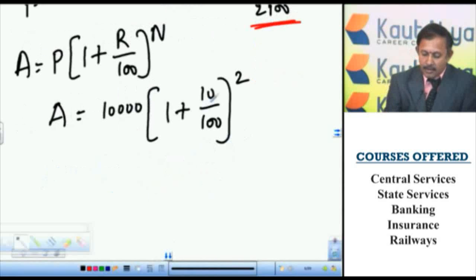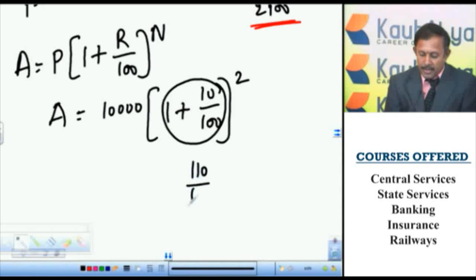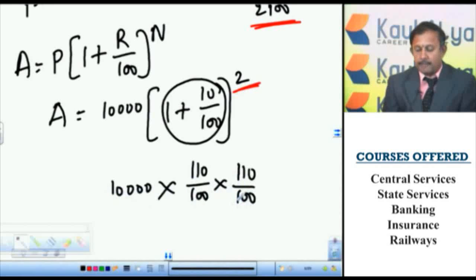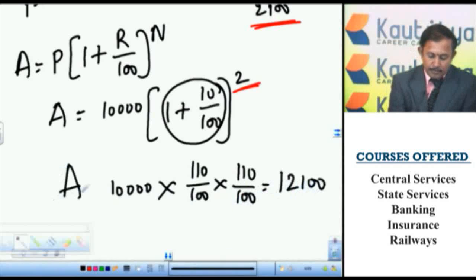Here this value can be taken as 110 by 100, and because it is squared, we can take 10,000 rupees into 110 by 100 into 110 by 100, and you can get 12,100 as the final amount.